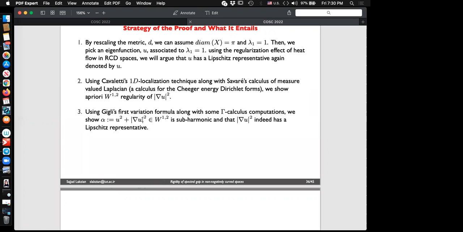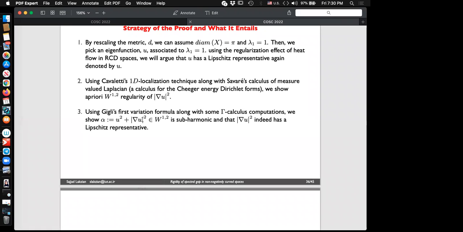I'm not seeing any other ways. Maybe there is the De Giorgi-Nash-Moser theory for these weak or metric spaces that you might be able to use, but even for using that, when you want to say that De Giorgi's condition holds, you have to use 1D localization, perhaps. There's just no way around it, so far.